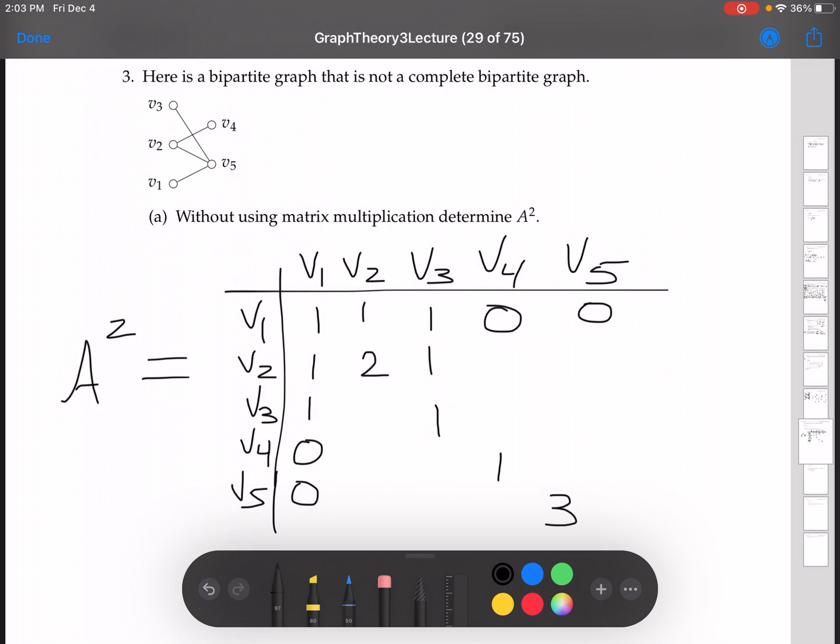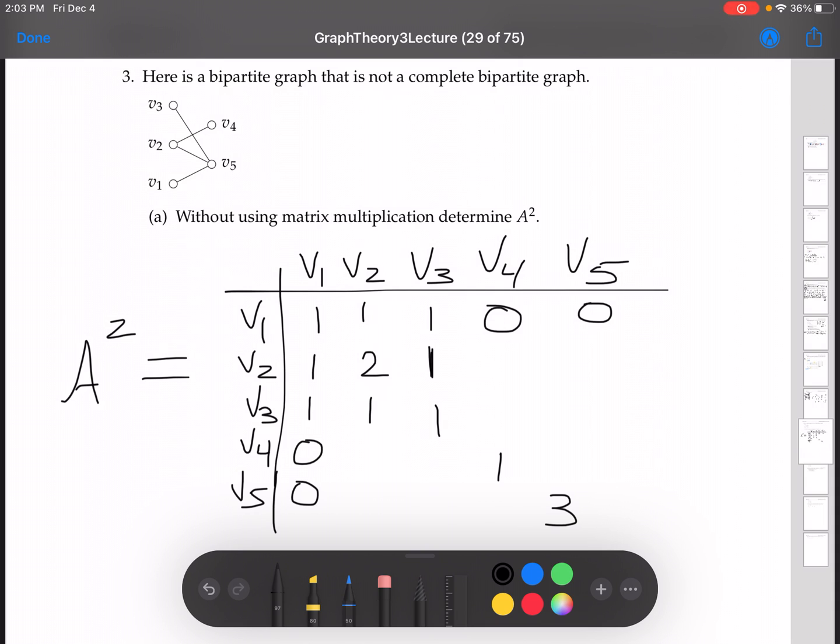No, did I write? Okay, so V2 to V3, right? It was this one right here. There's just one. That's that one there. Okay, there it is. So 2, 3, 3, 2 is a 1 as well.